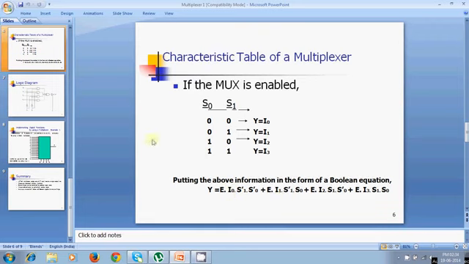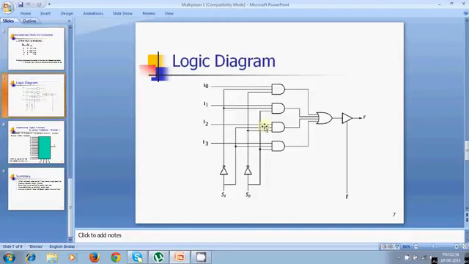From this Boolean equation, we can draw the logic diagram using the basic logic gates. This is the basic logic diagram of a 4:1 multiplexer.